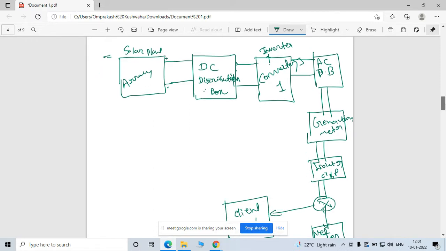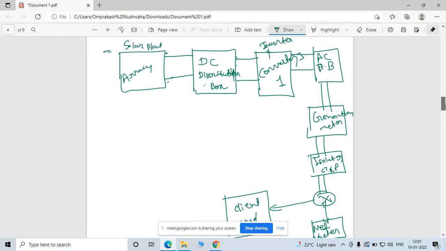So first priority is given to the solar power plant, second is battery, third is the MSEB supply. In some cases first is solar, second is MSEB, and third is battery.